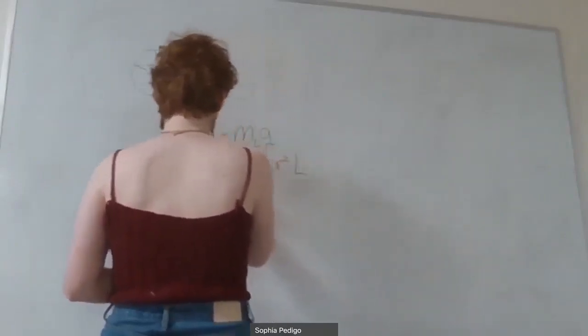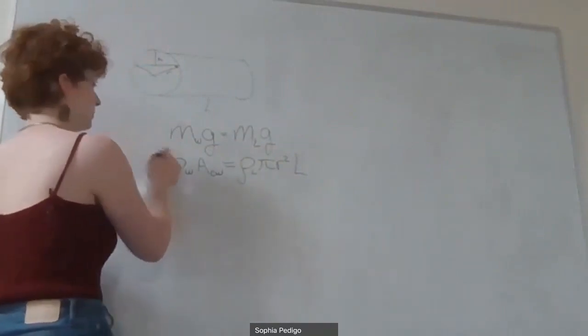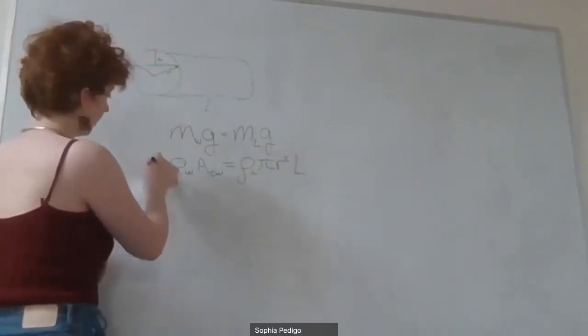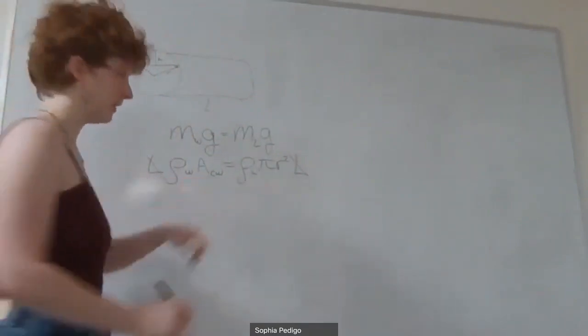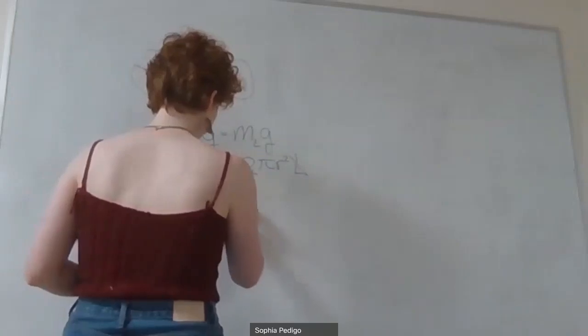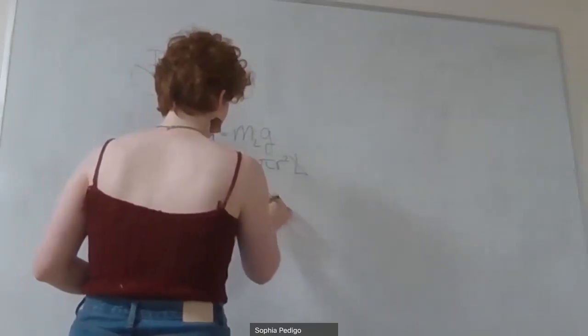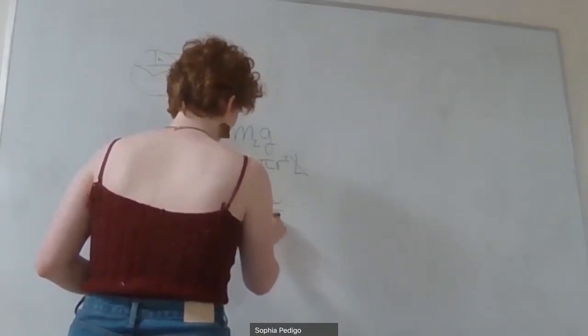And both of these terms are going to be multiplied by the whole length of the log. Now, if we divide both sides by the length of the log, that term cancels out. And if we rearrange to solve for the density of the log, we end up with the density of the log is equal to the density of the water multiplied by the cross-sectional area of the water divided by pi r squared.